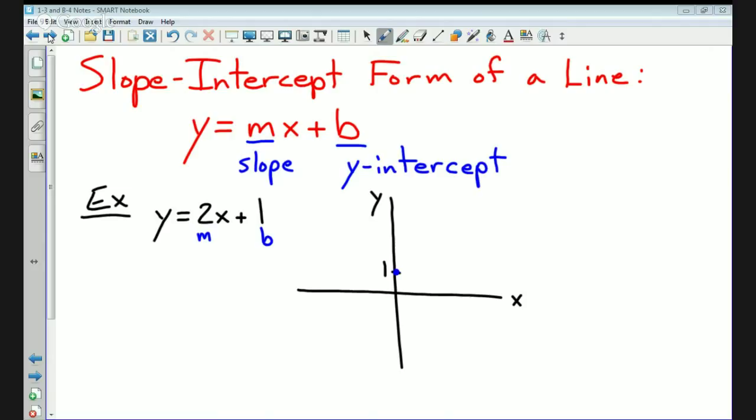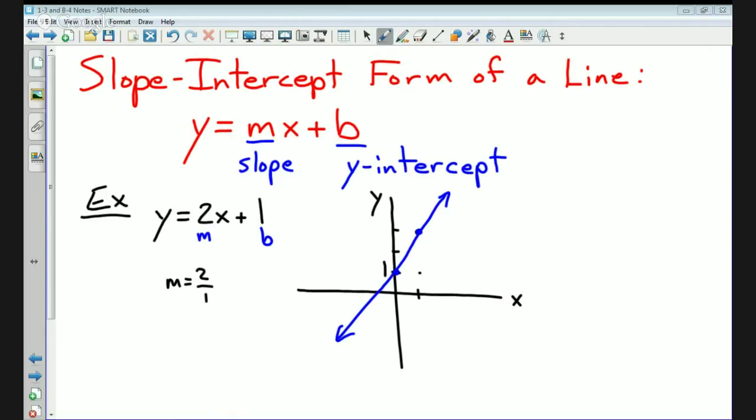So I put 1 point there. And then the m, in this case, is 2, or 2 over 1. And we can just use that process that I showed before, where in this case we will run 1, because remember that m equals 2 over 1 will be the same as m equals 2. So we'd have a run of 1, and then we would go up 2 units and get a new point for the line right here. And then I could go ahead and sketch in the line using that information.